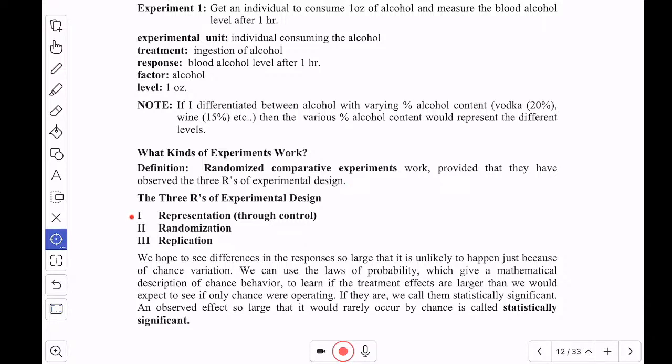First, representation, actually identifying the effect of the treatment through control. Randomization, to ensure there's no systematic bias affecting or confounding your results. And replication, to rule out that it's just by chance that you're seeing the effect of the treatment.